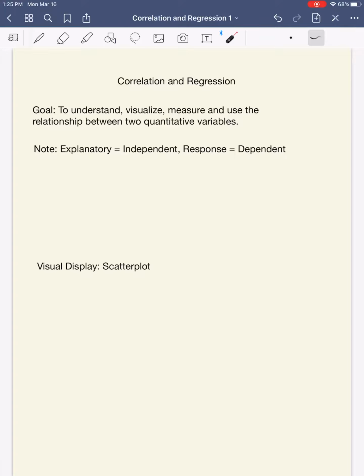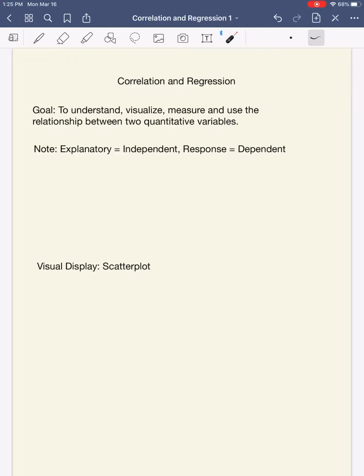So if you look here, we can see that the goal, to summarize it, is that we're going to be attempting to understand, visualize, measure, and use the relationship between two quantitative variables. Now you will notice that we're calling special attention to the idea of quantitative variables.